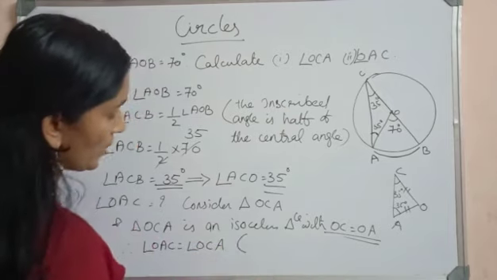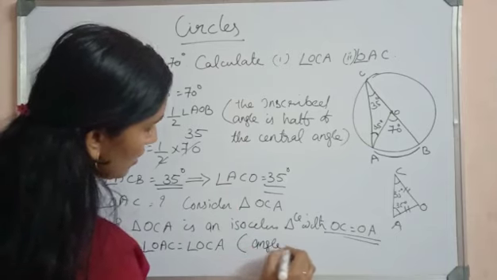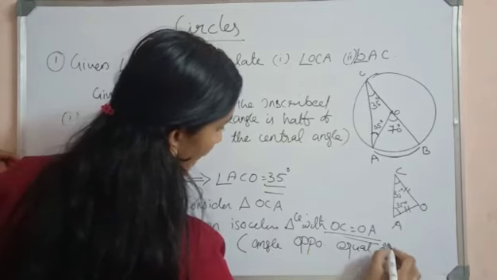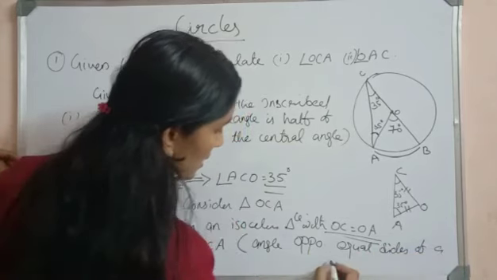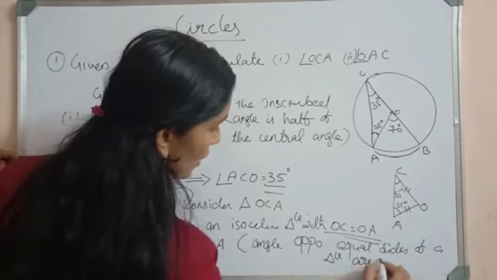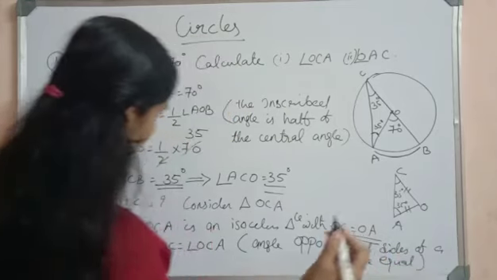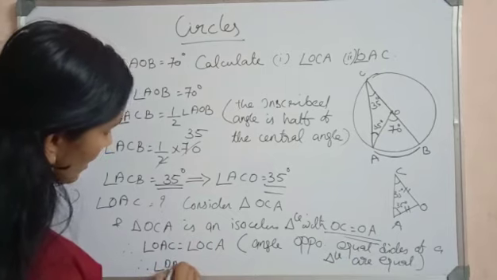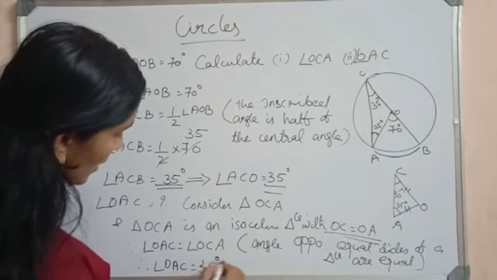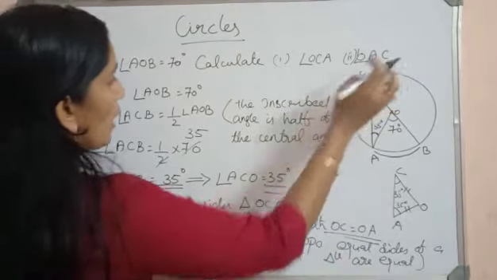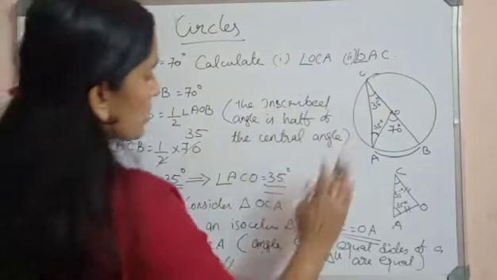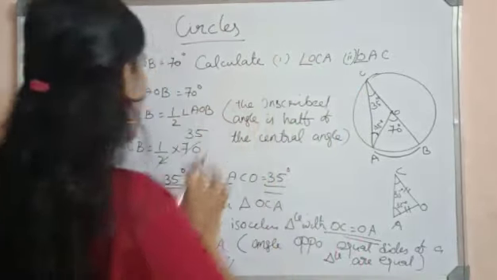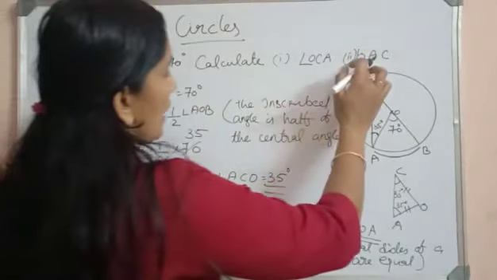The reason we can write here is that angles opposite to equal sides of a triangle are equal. Therefore, angle OAC is equal to 35 degree. That is what we have to find. So, by using this result, we can find the value of angle OCA as 35 degree as well as angle OAC is also 35 degree.